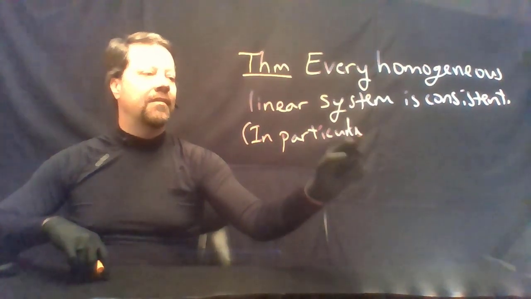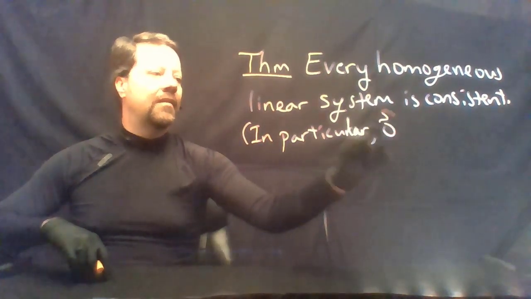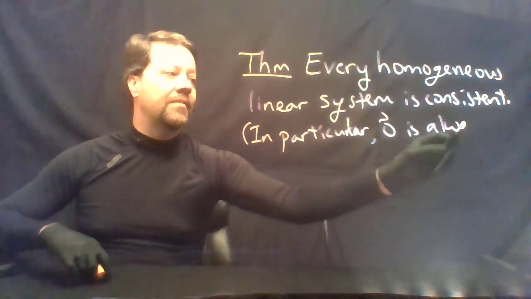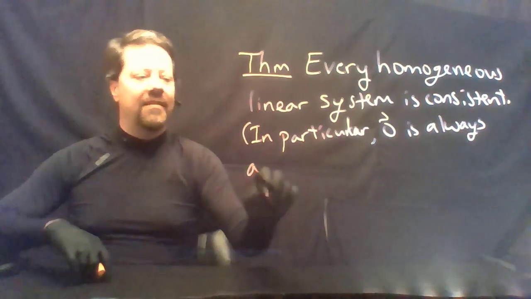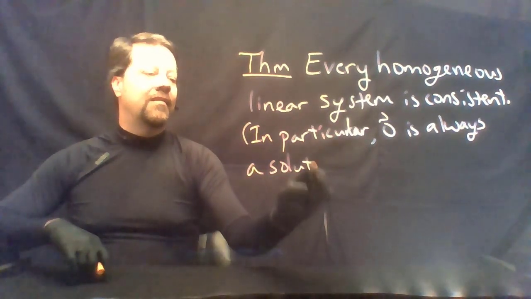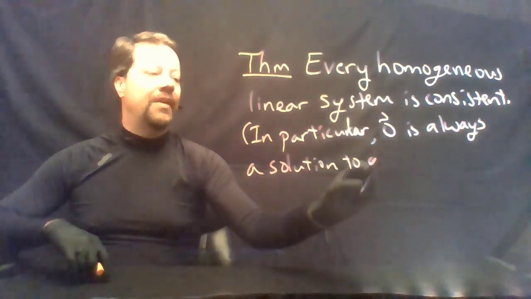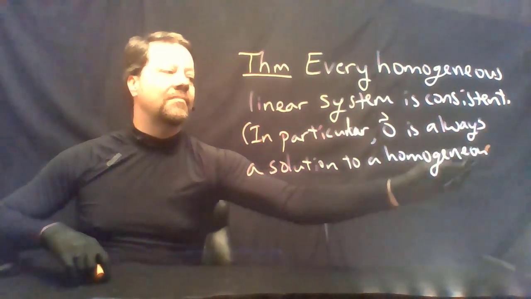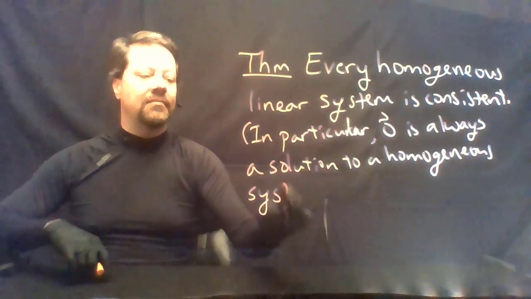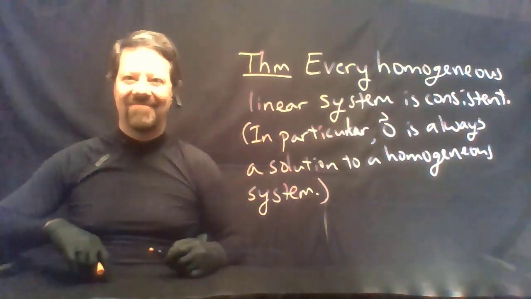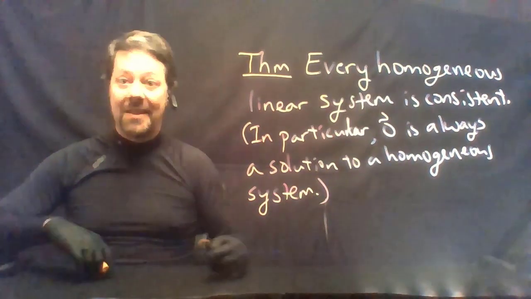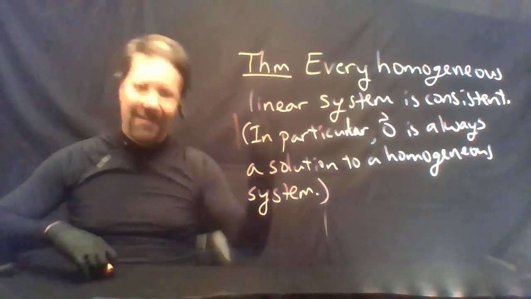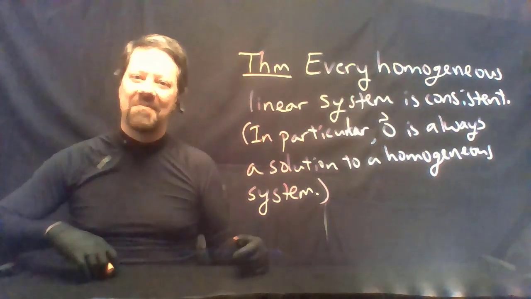In particular, the 0 vector is always a solution to a homogeneous system. And this is basically the proof. You plug in 0, you get a true statement for every single one of the equations in the system.